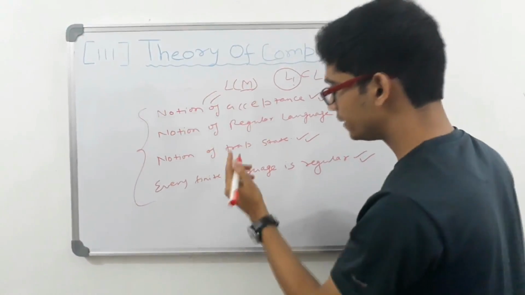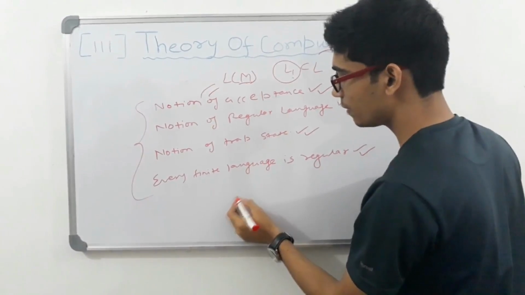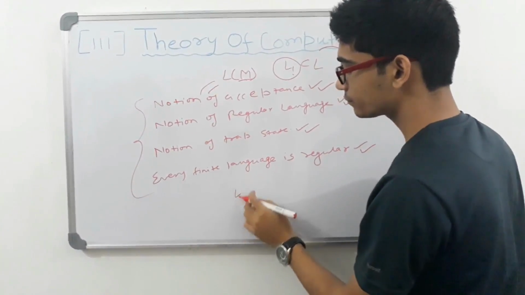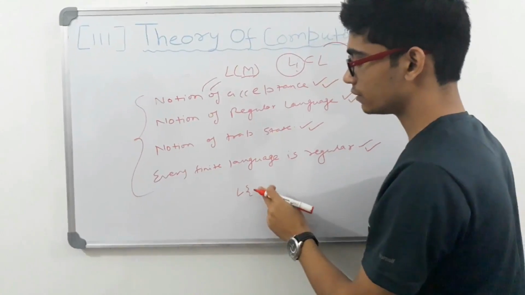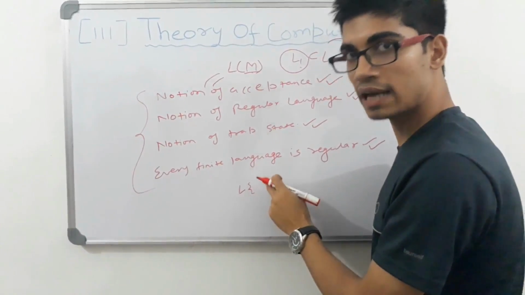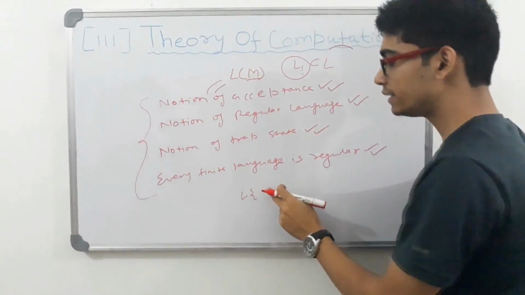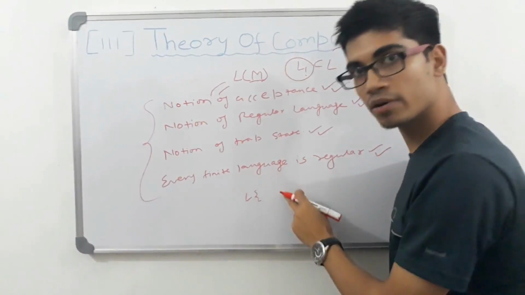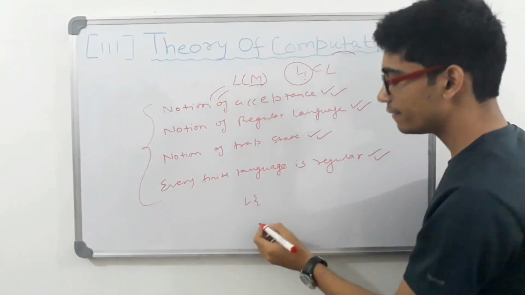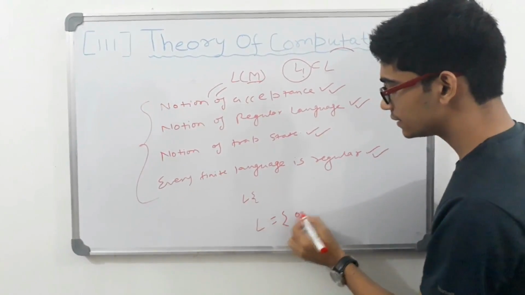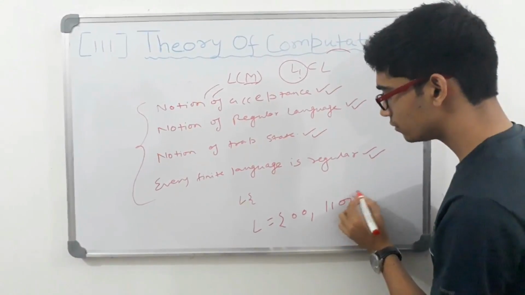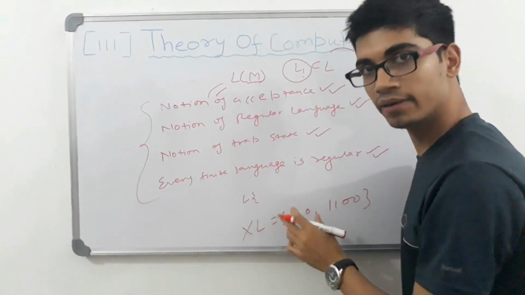In the even-odd example we saw that L was the language defined over the alphabet 0, 1, containing an even number of zeros and an even number of ones, and we drew a DFA. If I take a string like 0011 00, it is not accepted by that model.